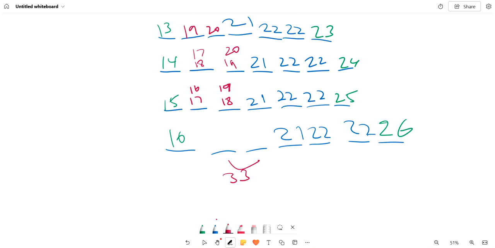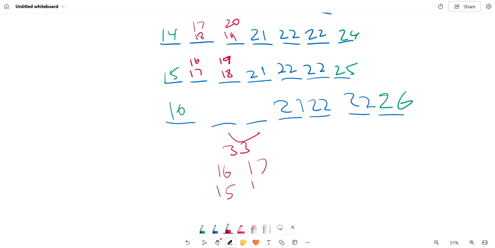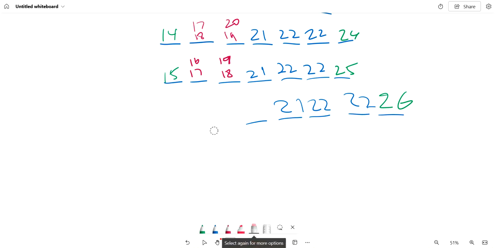And the only possible options here are 16, 17 or 15, 18 or 14, 19. But we realize that all of these are less than 16 and it's in increasing order. So these are all gone. And 16, 17 doesn't work because there's two of 16 and that means the mode won't be 22. So this case just doesn't work.